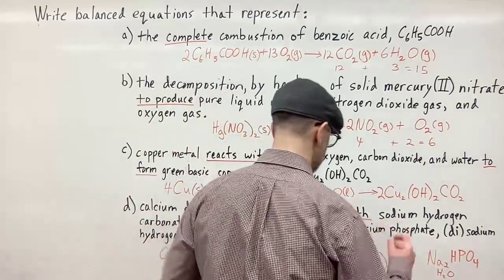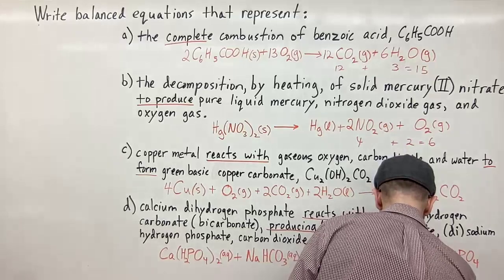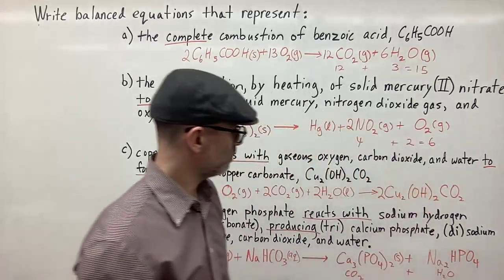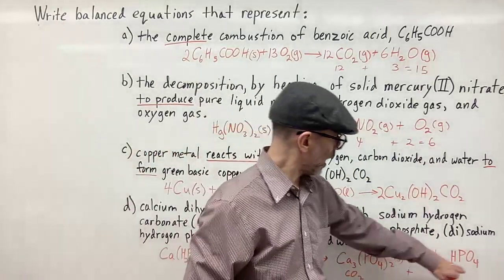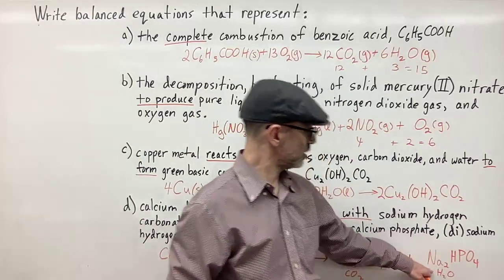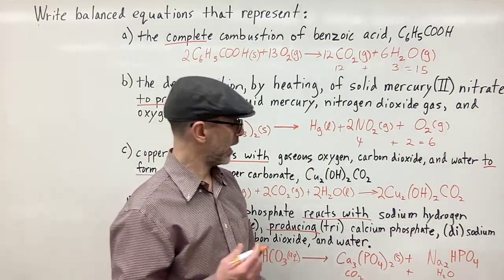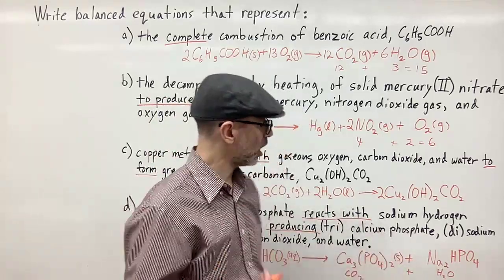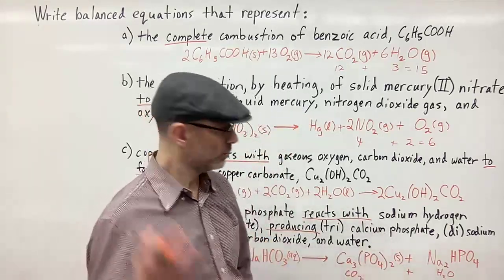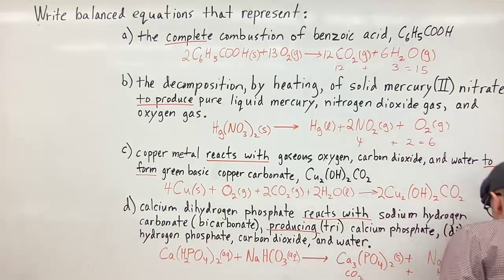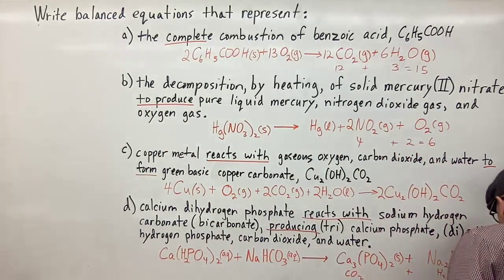So that's going to be a solid, insoluble in water. Sodium hydrogen phosphate is going to be soluble. This is aqueous. Sodium ions and sodium compounds are almost always soluble.